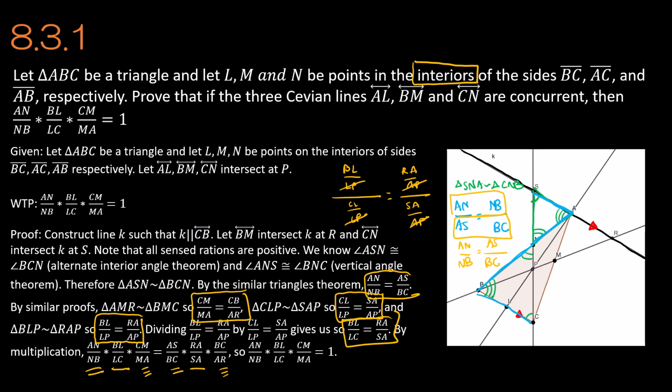And if you'll note, on the right-hand side of this equation, AS and SA would cancel, BC and BC would cancel, RA and AR would cancel, so I have my ratio of 1.